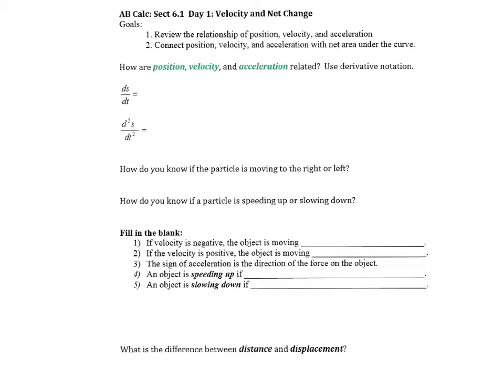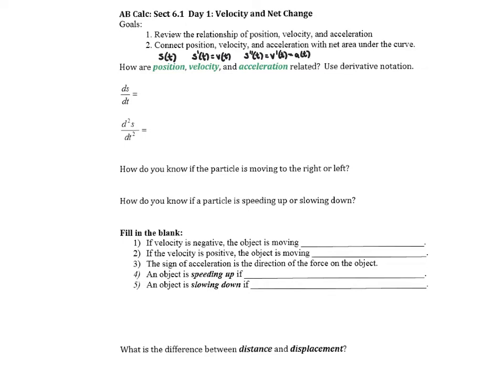So let's say, for example, our position function is s with respect to t, as in time. Well, we know that s prime is the derivative of position, which gives us velocity, and s double prime, which is equivalent to v prime, is our acceleration.